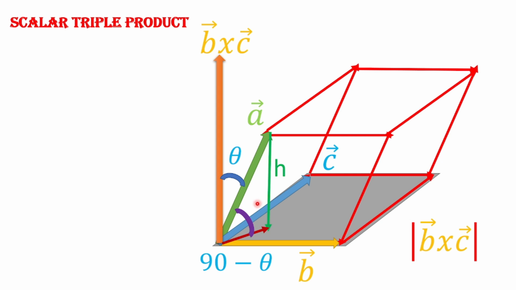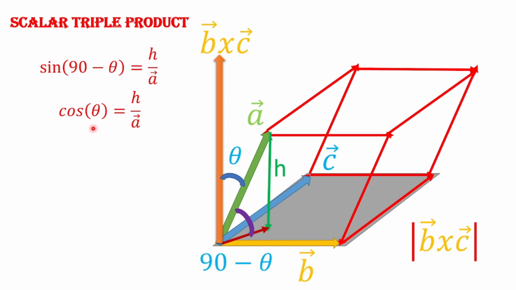In this triangle, we apply the trigonometric law. We know that sine of (90 degrees minus theta) equals perpendicular divided by hypotenuse. So the perpendicular is h and the hypotenuse is a. Sine of (90 degrees minus theta) equals cos theta equals h divided by a.